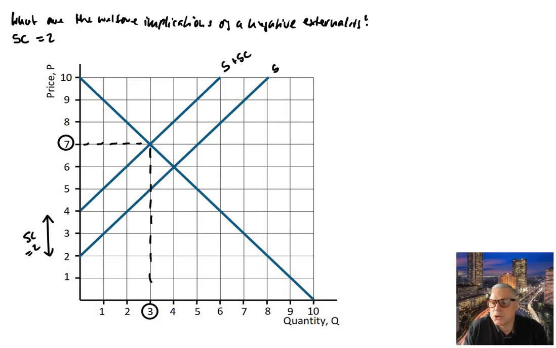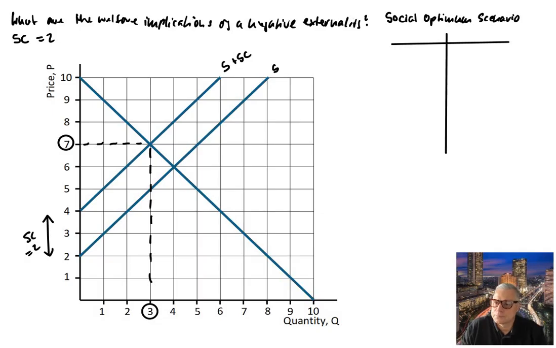Okay, so now we can do our reference case scenario, or the social optimum scenario. So now we have again our parameter and we have our value.